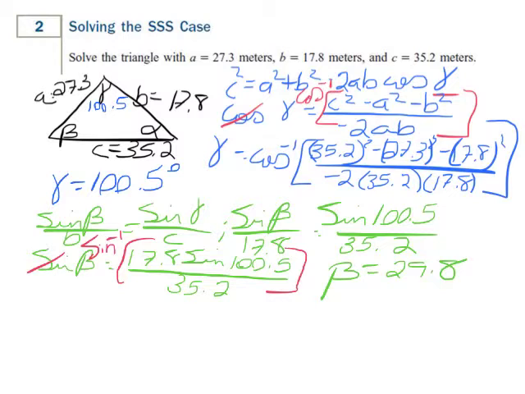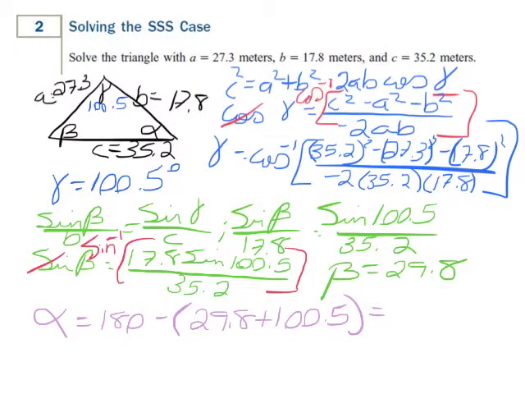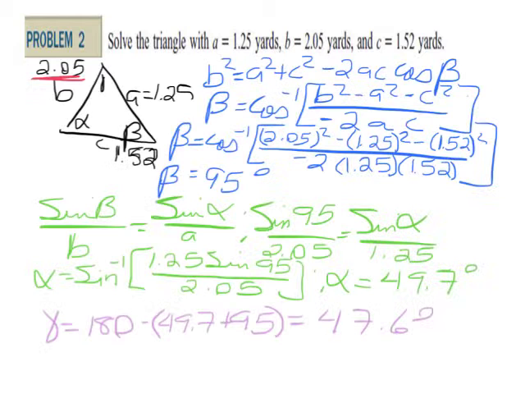Okay, so now to find our alpha, we're going to go 180 minus 29.8 plus 100.5, and we get that alpha is equal to 49.7 degrees. All right, it's that time again. Your turn. Pause. Okay, here's the answer. Hope you got it right. Let's move on to the next one.